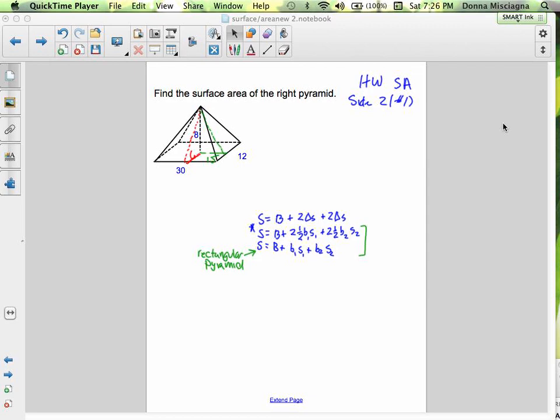We have 2 different slants, which means we have 2 different triangles. They're not going to be the same. I don't even have a 3-dimensional model to show you. Maybe I could make one. The opposite triangles will be congruent, but all 4 of them won't be. So first of all, let's find the slants.